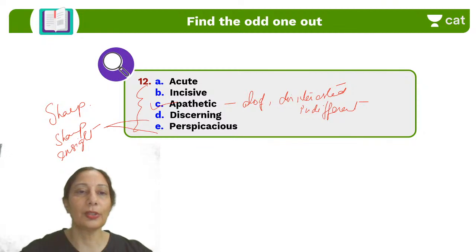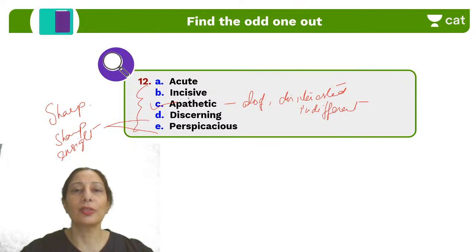Perspicacious also a person who is very sharp insight. Acute angle, obtuse angle. Opposite of empathy? No, it's not the opposite of empathy. Apathy simply means not being concerned, unconcerned.